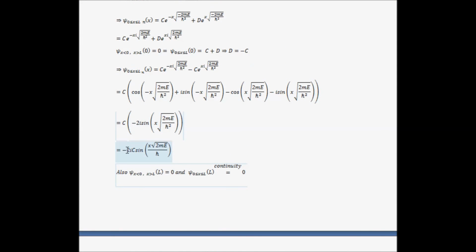Since I want that whole thing to be real, and I've got an i there, which is clearly not real, I want C also to be complex. So that's my justification. I've written out C as alpha plus i beta, a complex number, and alpha minus i beta is the complex conjugate of C.